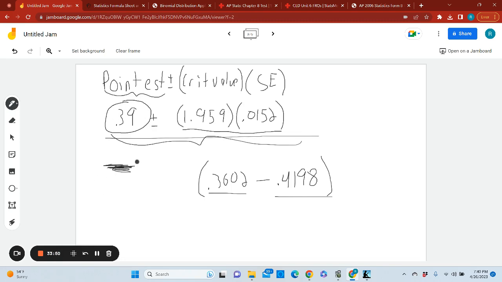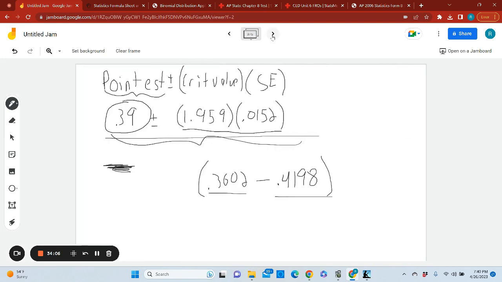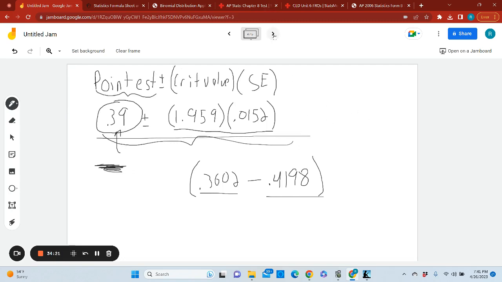My calculator didn't accept a decimal as the input for the count of how many people voted that they wanted to make major changes. So I couldn't do that decimal, so I had to change it to 400. Then my p hat was slightly different than what the question gave me, like 0.38 and change. So I calculated this one manually without the calculator.